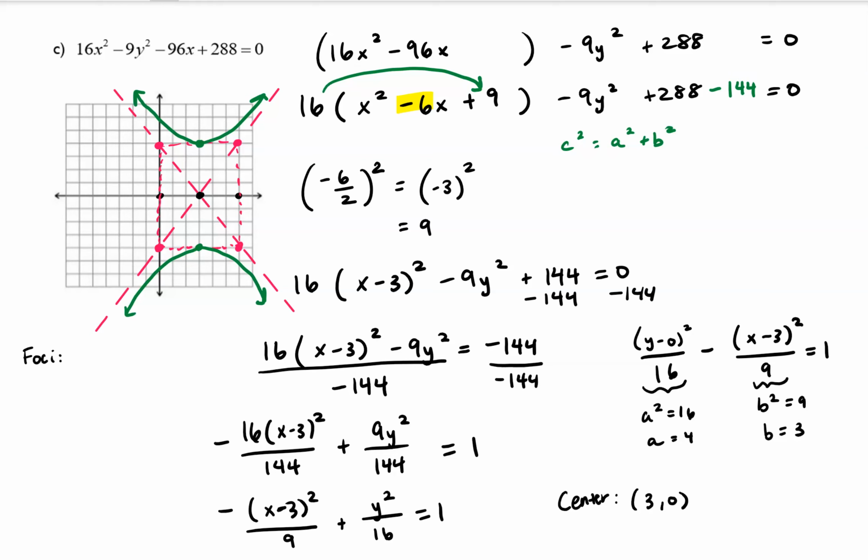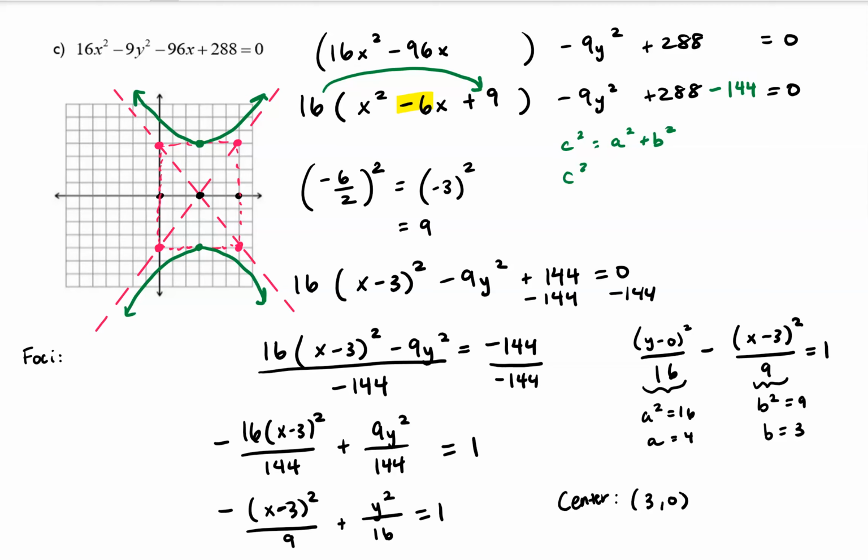Those require different equations. So for a hyperbola, it's C squared equals A squared plus B squared. If this was an ellipse, the formula would be C squared equals A squared minus B squared. So please do notice that the equations are different to find the foci.